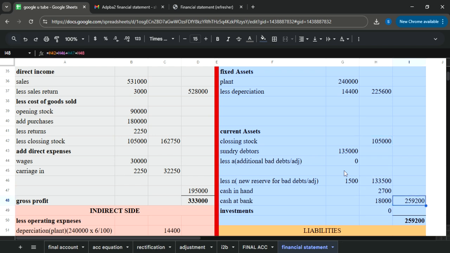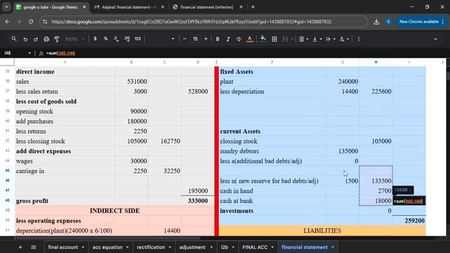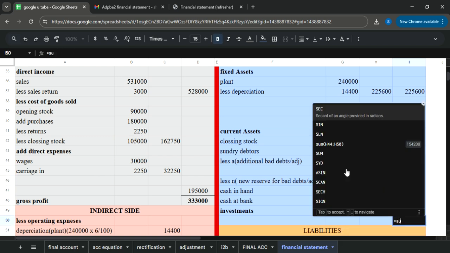Let's take sum of all current assets, and here 225600, sum of your current assets.